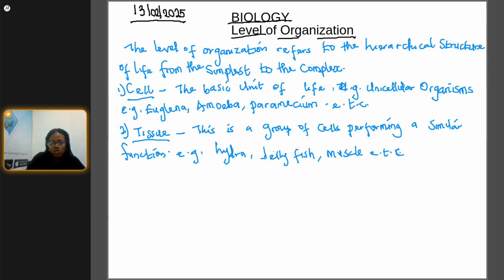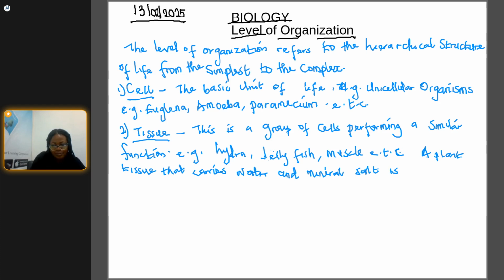A plant tissue that carries water and mineral salts is called xylem.